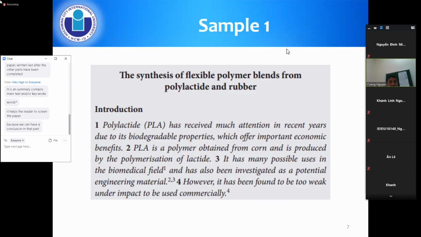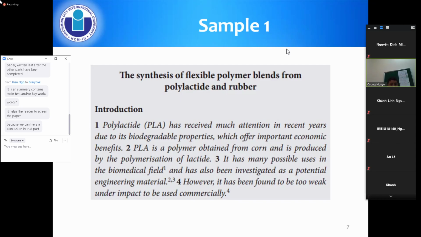Okay, so let me read aloud the text now. Polylactide, PLA, has received much attention in recent years due to its biodegradable properties, which offer important economic benefits. PLA is a polymer obtained from corn and is produced by the polymerization of lactide.